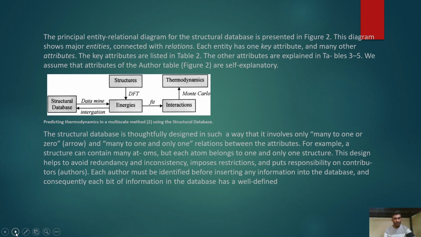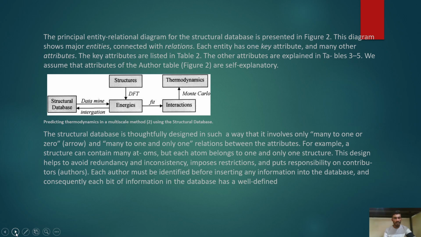This diagram shows major entities connected by relations. The structural database is thoughtfully designed in such a way that it involves only many-to-one or zero, and many-to-one and only one relations between the attributes.